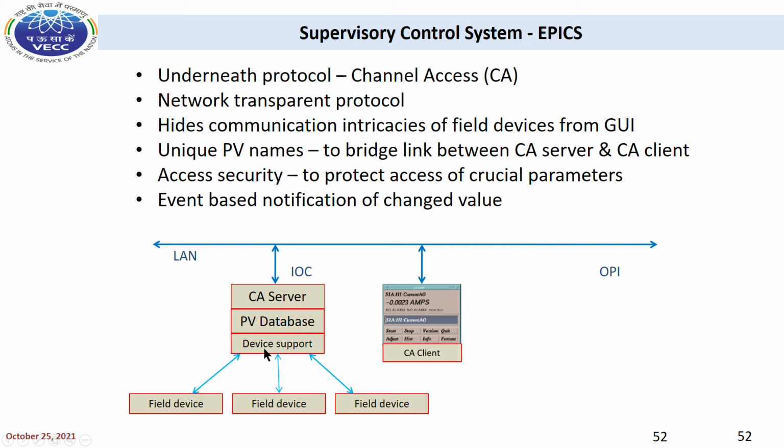The properties of the protocol are that it provides high bandwidth and soft real-time performance. Soft real-time means it can tolerate some delay in a non-critical system. Here the main function is accessing process variables or process parameters.